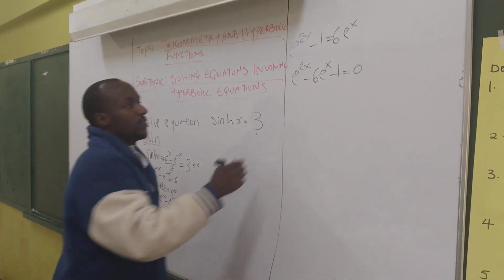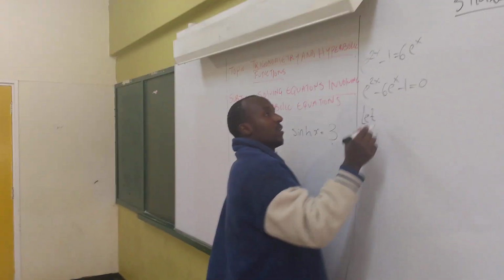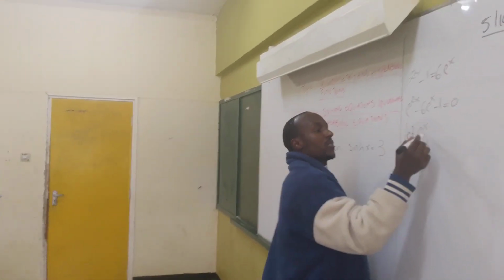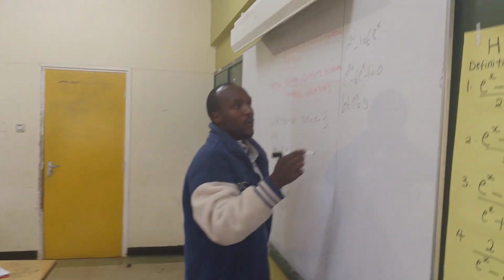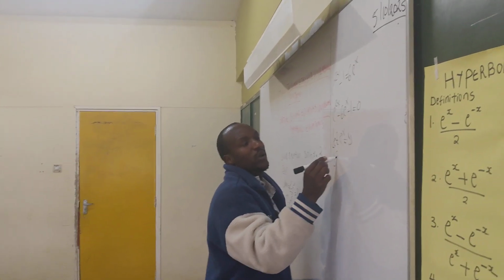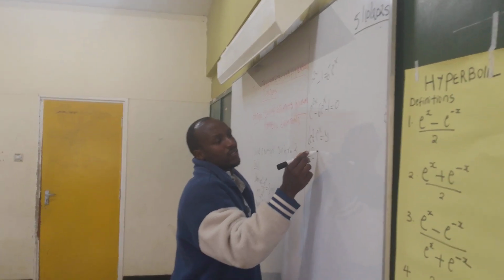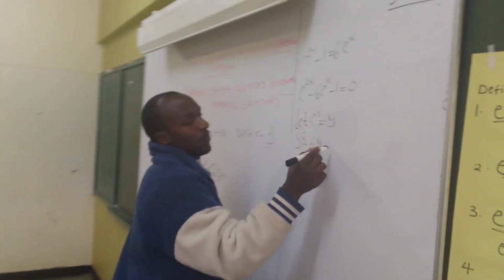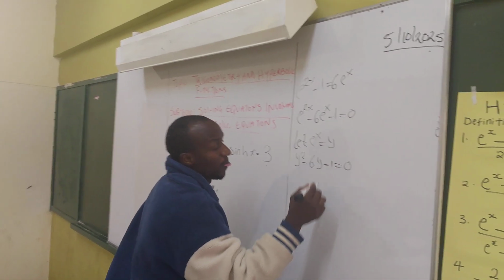So you let e raised to x be y. So you will have y squared minus 6y minus 1 is equal to 0.